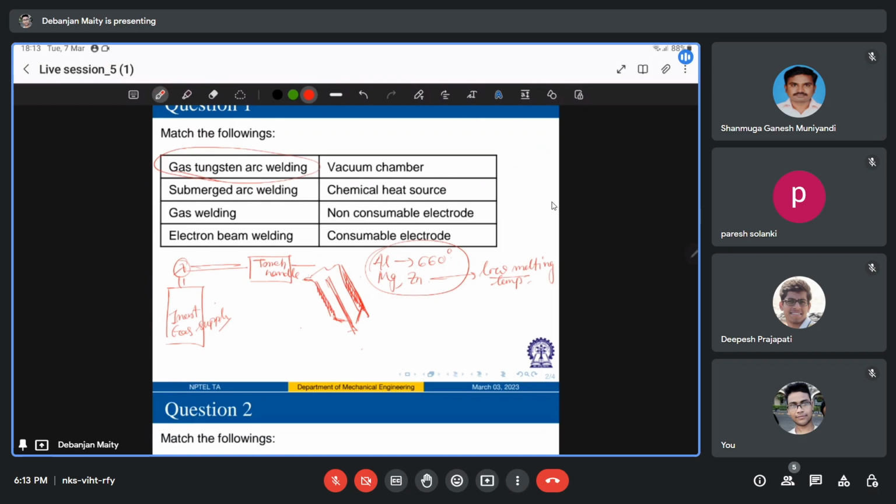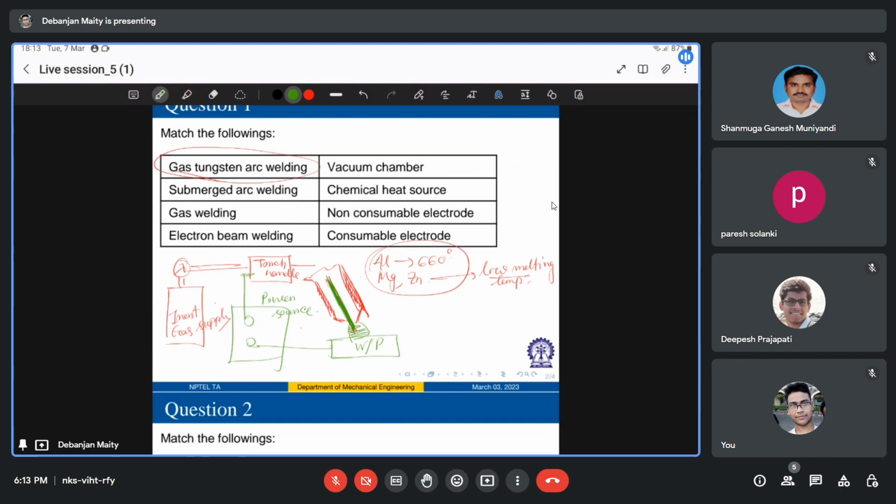So this is your electrode basically. If this is your arc, and then you have this workpiece, and this is connected to your workpiece, and this is connected to your power source, right? So that's how it looks in terms of schematic for tungsten inert gas welding.